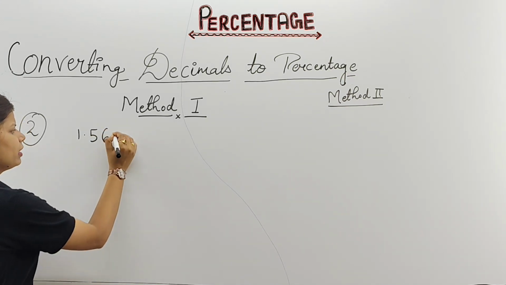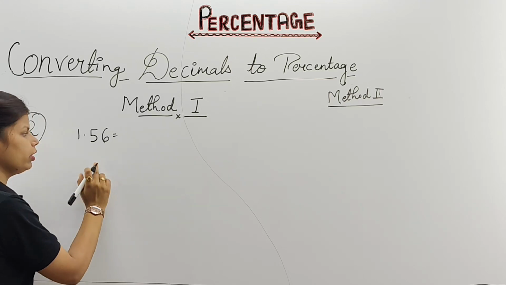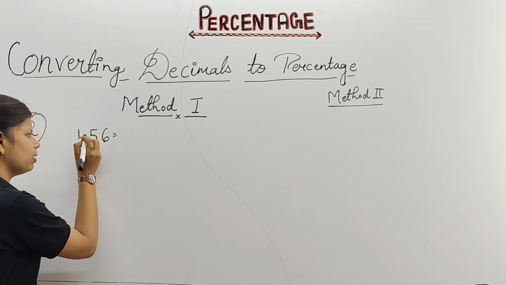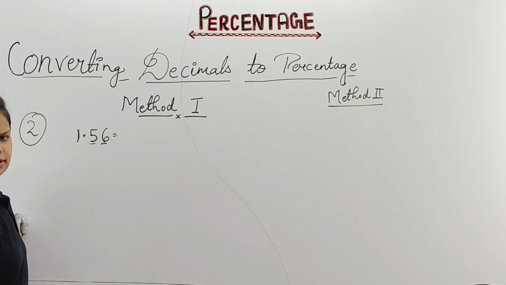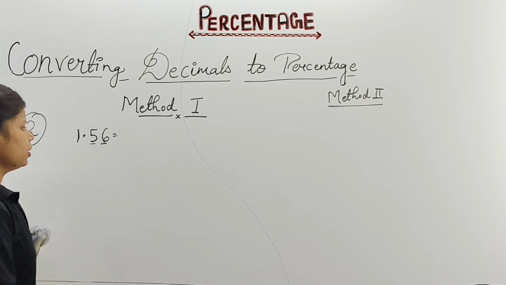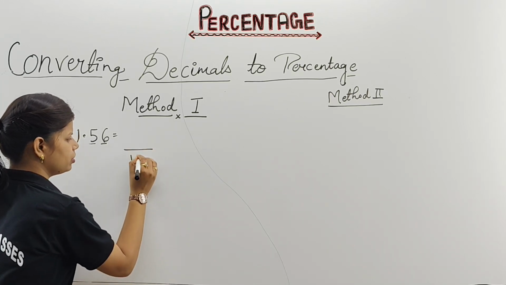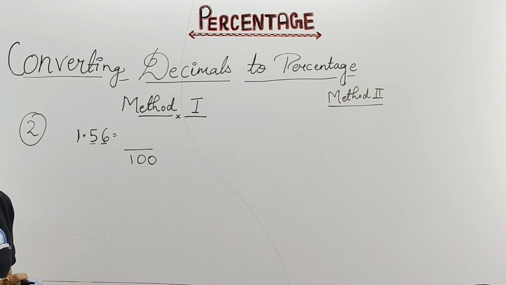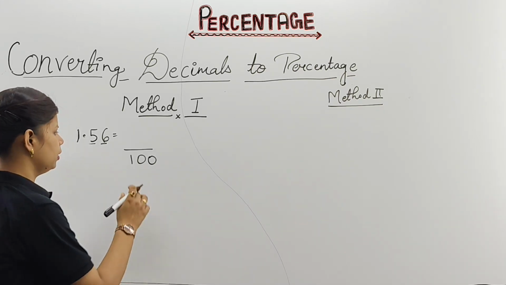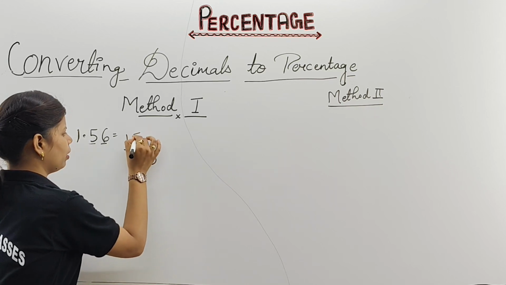Clear? In the first method, what are we going to do? Here is your decimal point, and after the decimal how many digits do you have? You have 2 digits. One is your 5, the other is your 6. So how many digits we have, that many 0s we will put. That means we will put 2 zeros over there. Now here we will write 156.